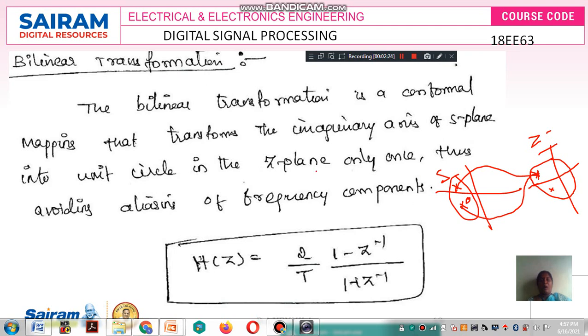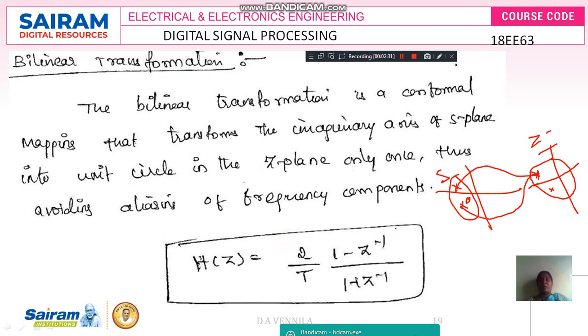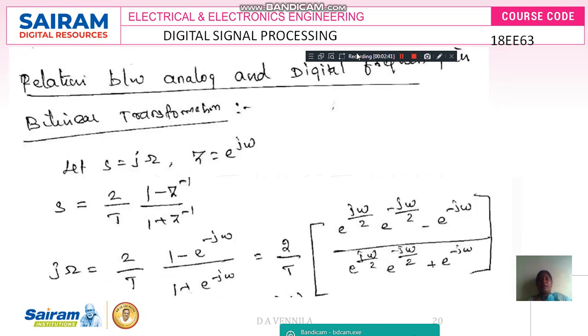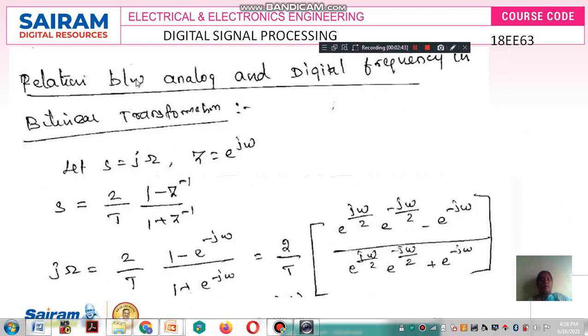So here, how are we going to convert the S domain to the Z domain? Wherever S is there, you substitute 2 by T into 1 minus Z power minus 1 divided by 1 plus Z power minus 1. And here you see the relationship between the analog transfer function and the digital transfer function.